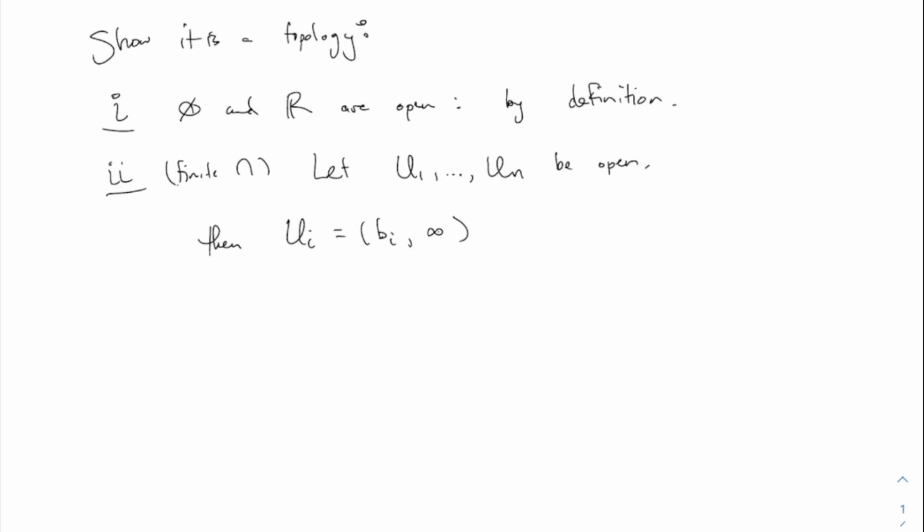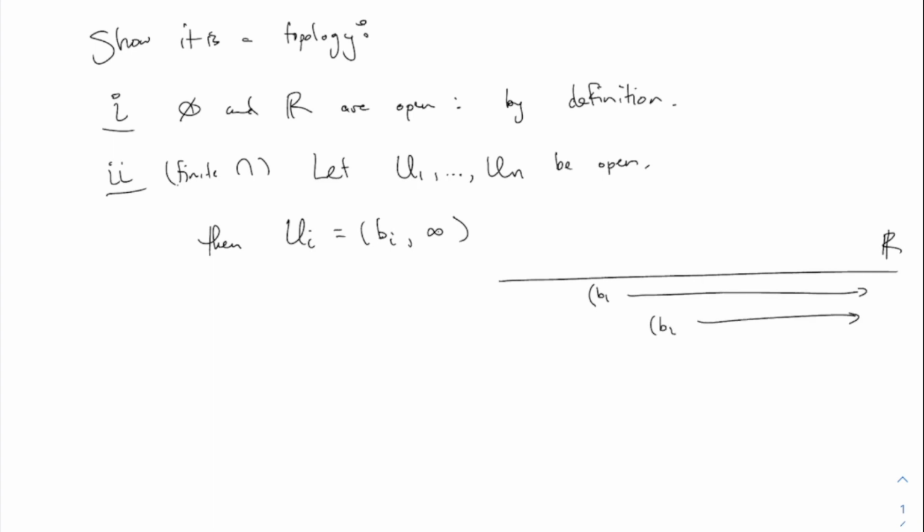So we could think of this in terms of a picture maybe. Here's R, and I have several different open intervals which go all the way up to infinity. The first is U1, which goes from B1 up to infinity. And then maybe I have B2 all the way up to infinity. Maybe B3 is over here.